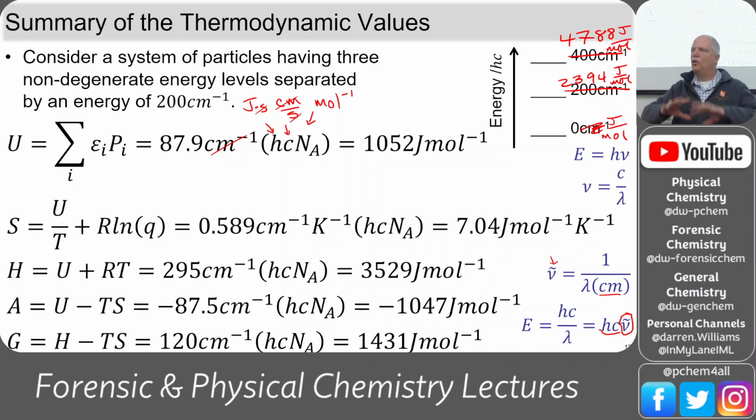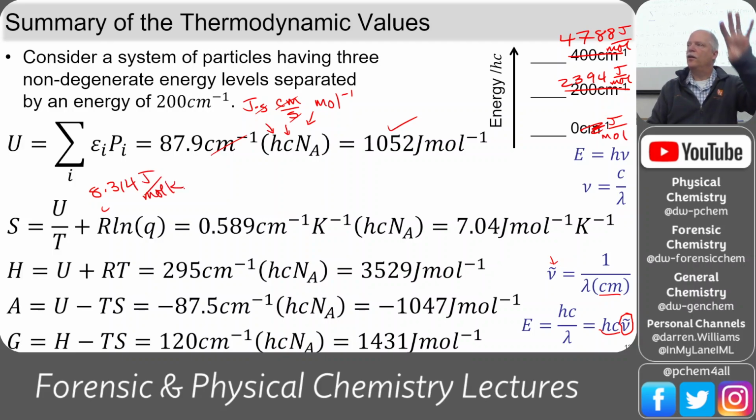And we could have done the whole problem that way. We could have, from the beginning, considered a system of particles having 3 non-degenerate energy levels separated by an energy of 200 wave numbers. We could have converted those 3 wave number values into joules per mole, and then we would have all our values come in with joules per mole, and we would have used R as 8.314 joules per mole Kelvin here, the traditional R that you used.